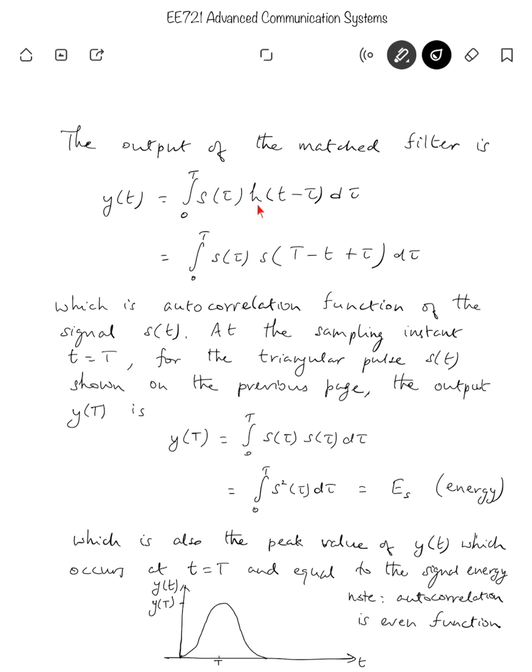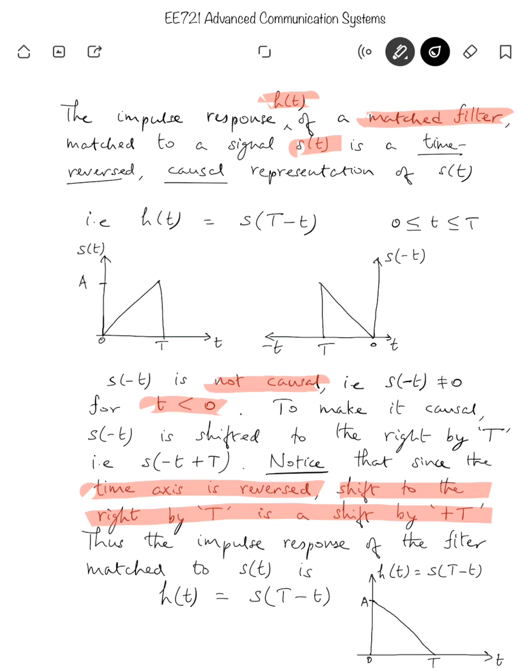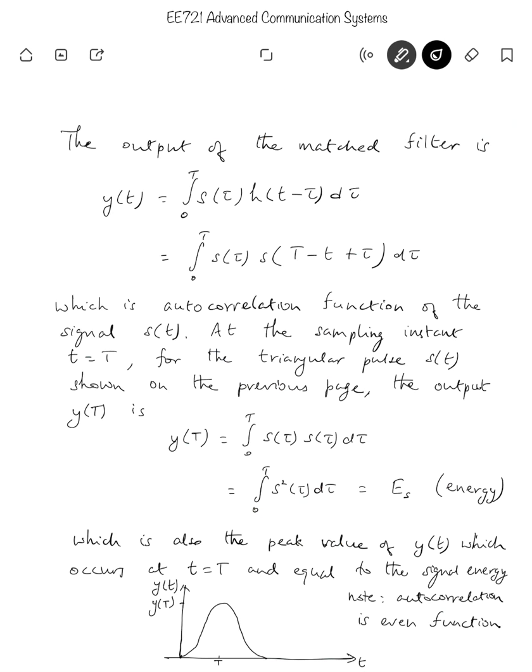Now h of t is s of capital T minus t, and so h of t minus tau will be s of capital T minus t plus tau, which is what we have written here.